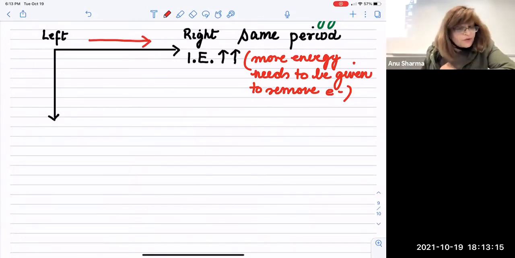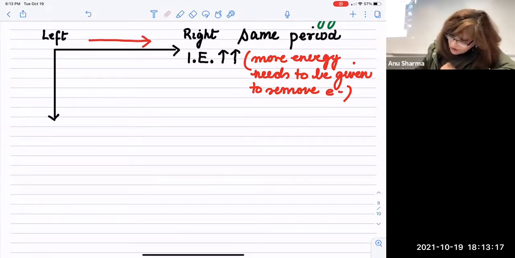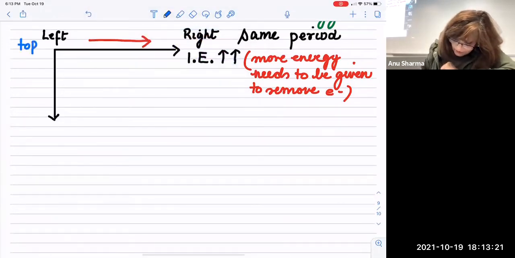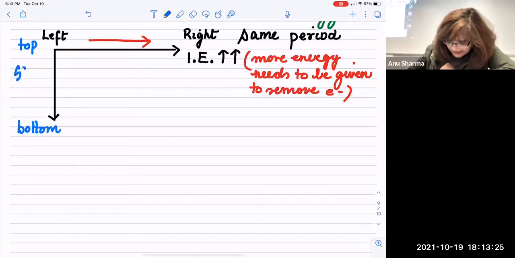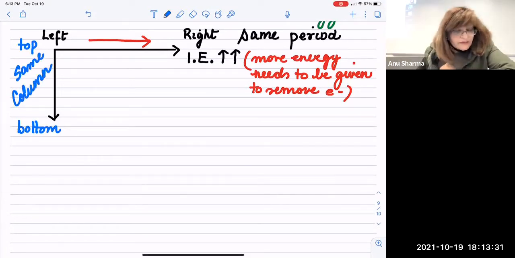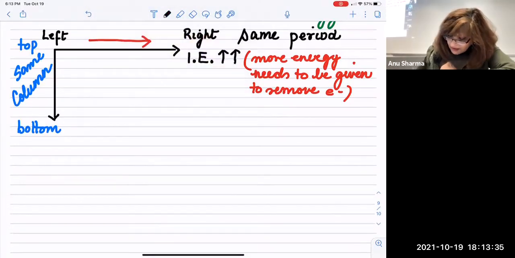But when you go from top to bottom, and this is in the same column, what happened? The ionization energy decreases.